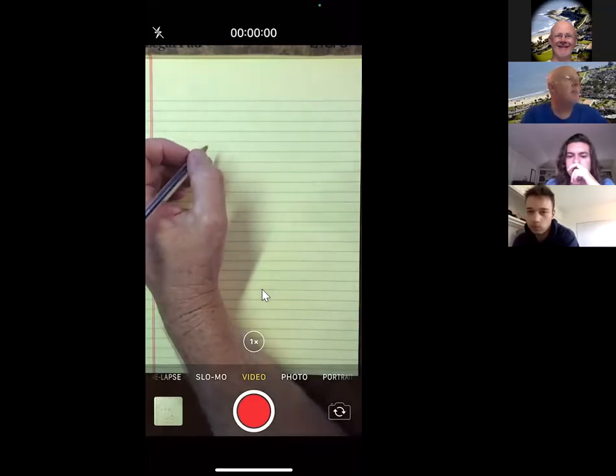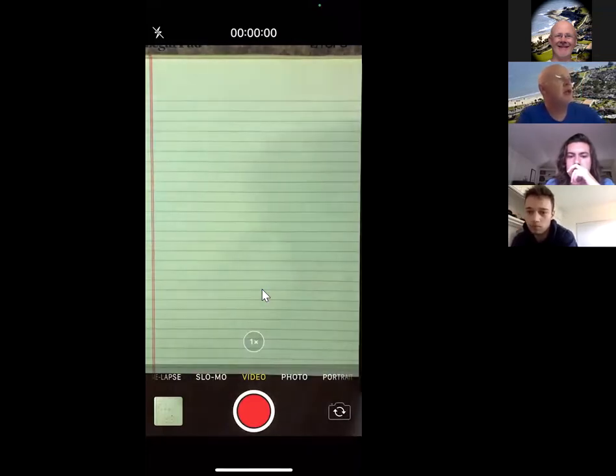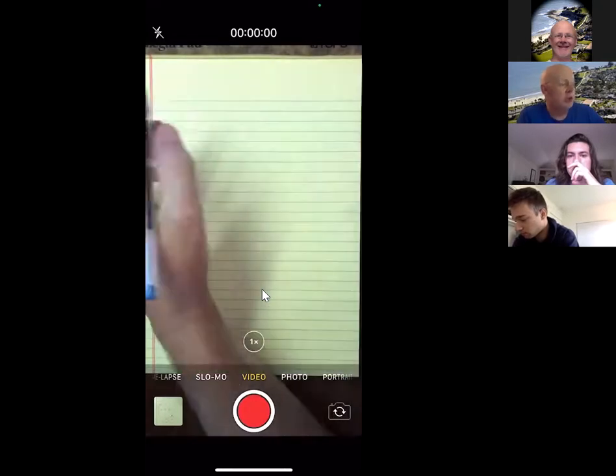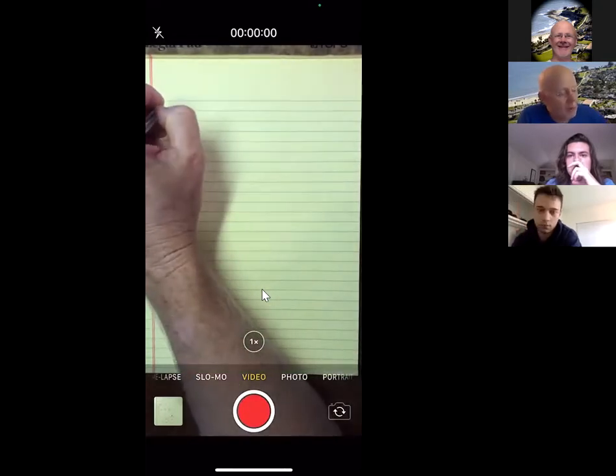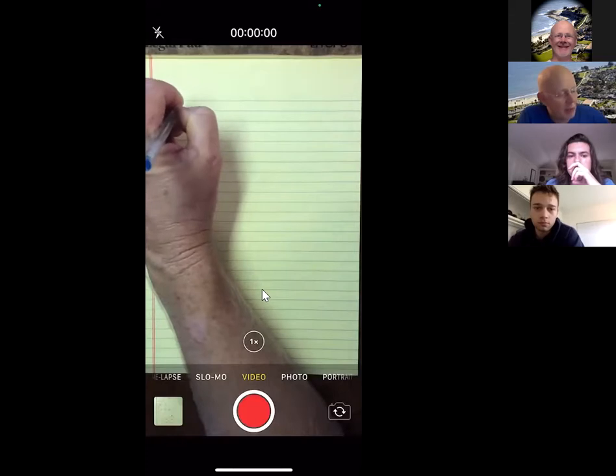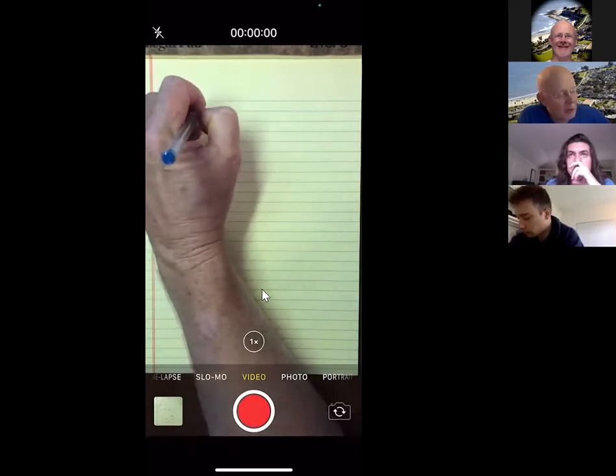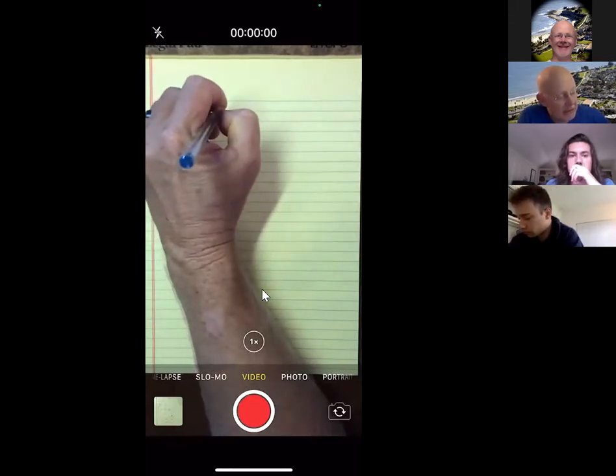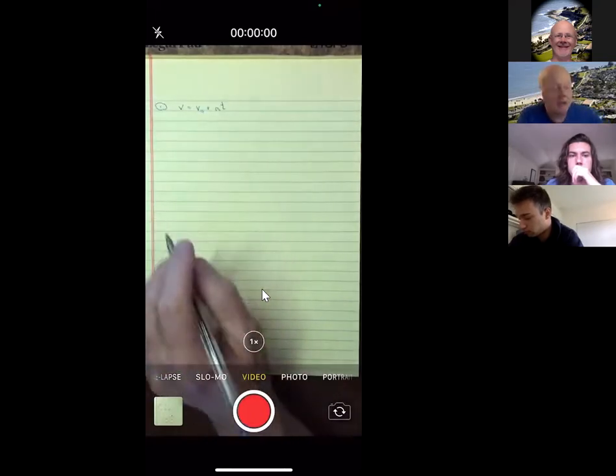It says, a person on the edge of a cliff of height H throws a rock straight up with initial velocity of v naught. At a time t later, the rock hits the bottom of the cliff, moving downward with a speed of v. So if I were to write out what I call equation number 1, v equals v naught plus at.